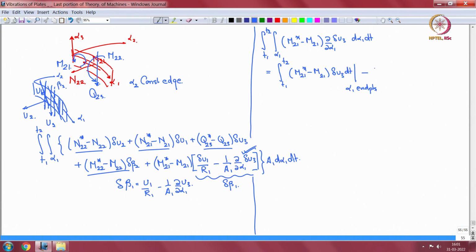minus integral t1 to t2, integral alpha 1, del alpha 1 of M21 star minus M21, d alpha 1 delta U3 dt.